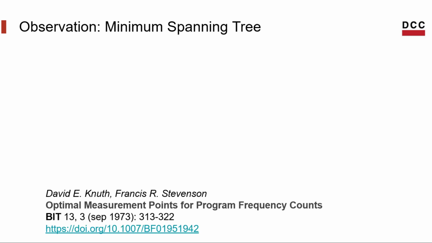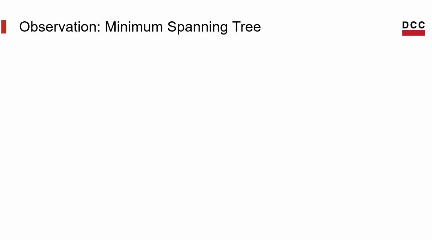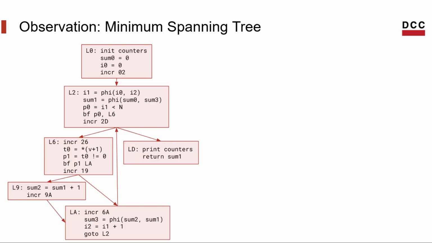One idea for this was introduced by Knuth and Stevenson in 1973, in the paper Optimal Measurement Points for Program Frequency Counts. So first, let's get our program, and from its CFG we will extract the minimum spanning tree, or rather the complement of the MST from this CFG, marked by the red dashed edges.